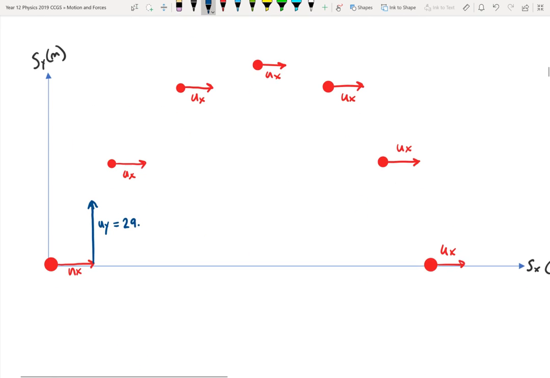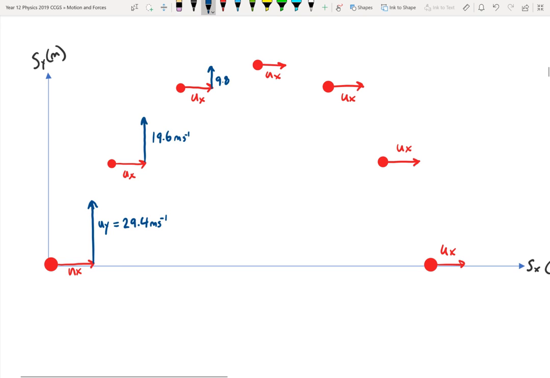So I'm going to start off with 29.4, and you might notice a reason why I've done that. And then the next second, I'm going to reduce that by the rate of 9.8, so now we're at 19.6. And then in the next second, I'm going to reduce it further, and now it's 9.8. And then at the third second, we are at the turning point. So there would be 0 component.